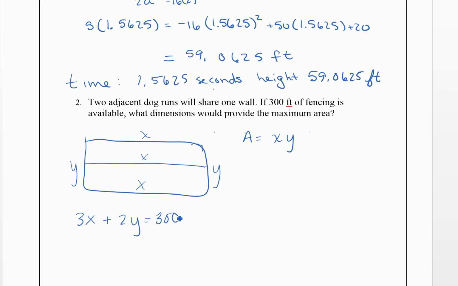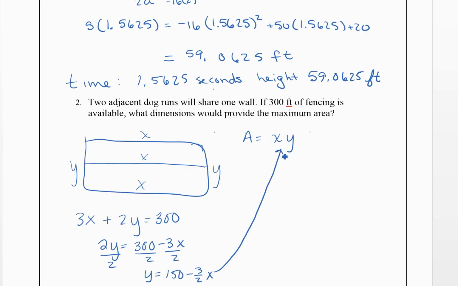So if we want to get this in terms of y, we could say 2y equals 300 minus 3x, if I subtract 3x from both sides, and then I'm going to divide both sides by 2. So y equals 150 minus 3/2 x. So I'm going to plug that in for y.